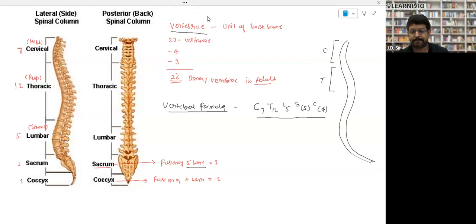Keep on telling me. Yes, sir. Okay. So first write down the vertebral column formula. And then write down cervical 7, thoracic 12, lumbar 5, sacrum 1, coccygeal 1.